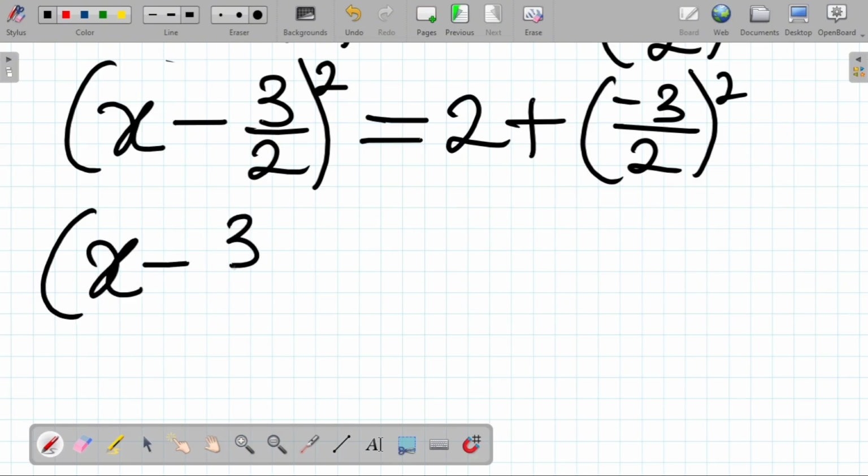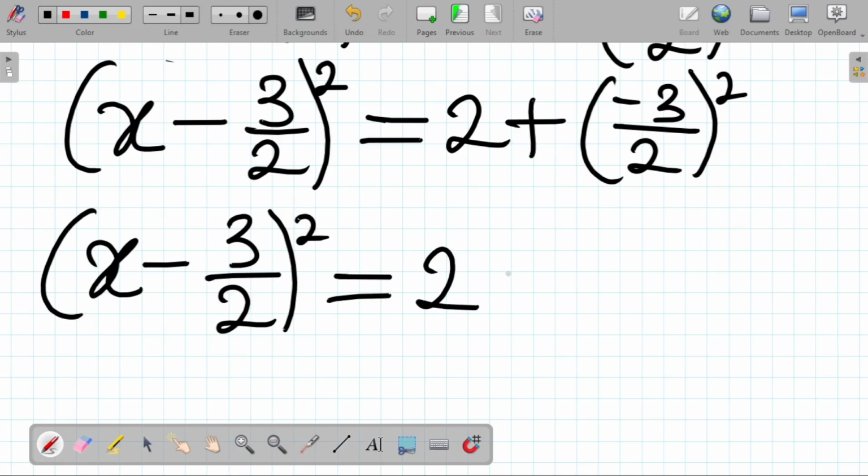x minus 3 all over 2 all squared is equal to, if we expand these brackets, it will give us 2 plus negative 3 squared is equal to 9 all over positive 2 squared is equal to 4.